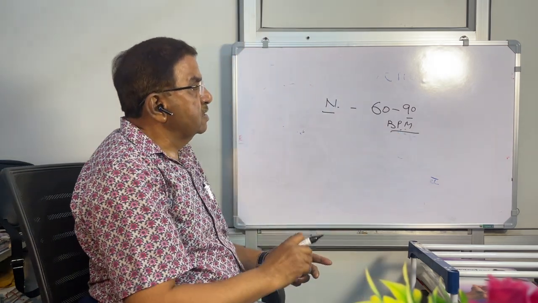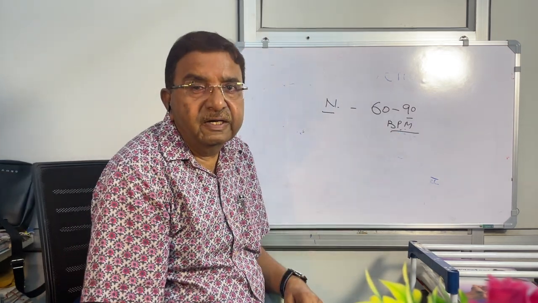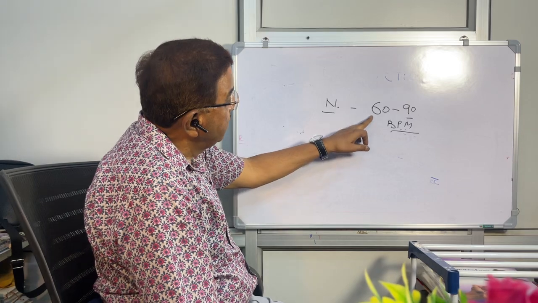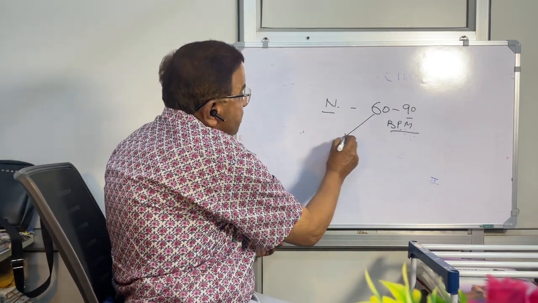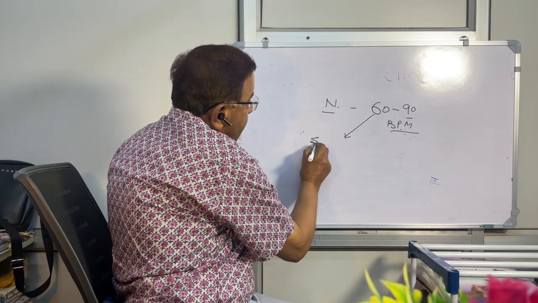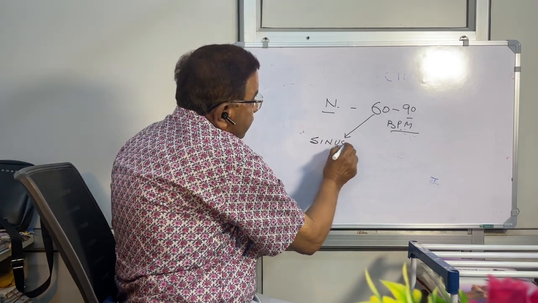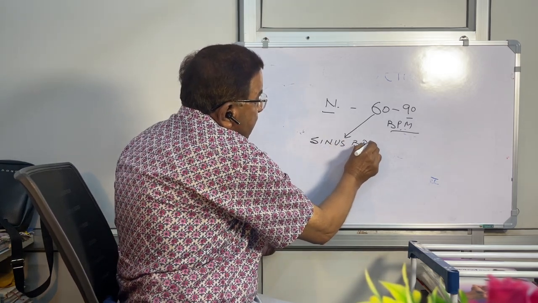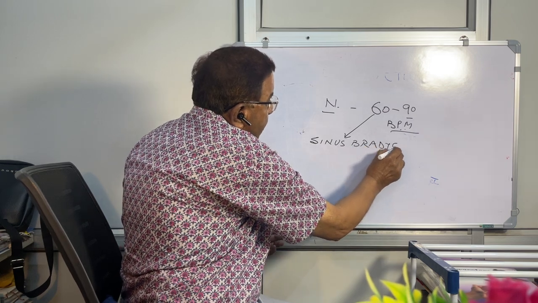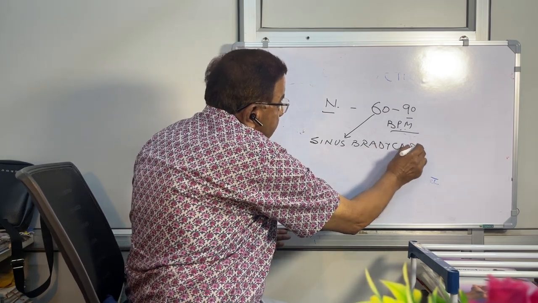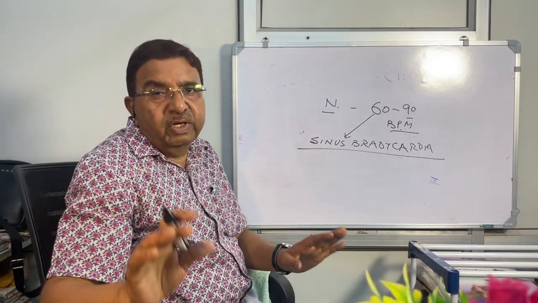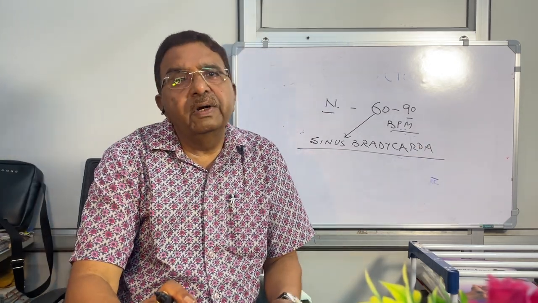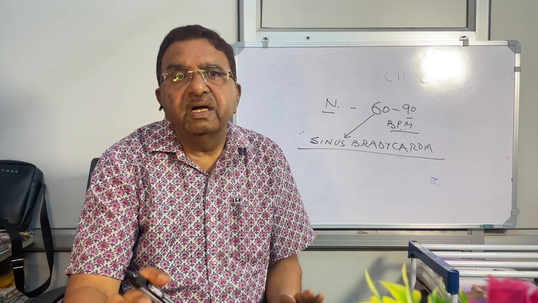Now what happens in sinus bradycardia? The heart rate gets lower than 60. So the definition is: when the heart rate is less than 60 beats per minute and it is regular, then it is called sinus bradycardia.